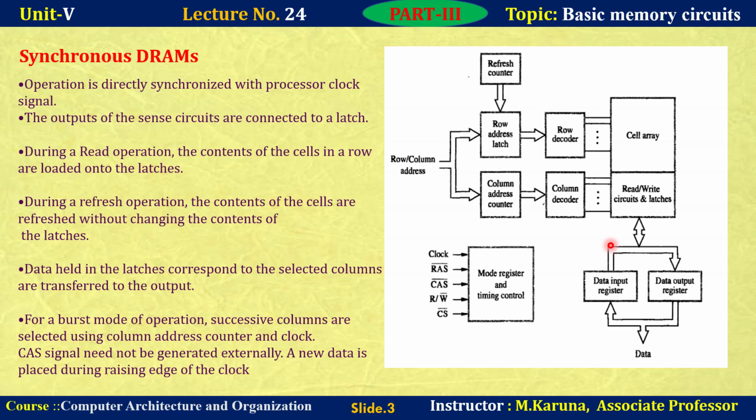Data held in the latches corresponding to the selected columns is transferred to the output. For a burst mode of operation, successive columns are selected using the column address counter and clock. So the CAS signal does not need to be generated externally. New data is placed during the rising edge of the clock.